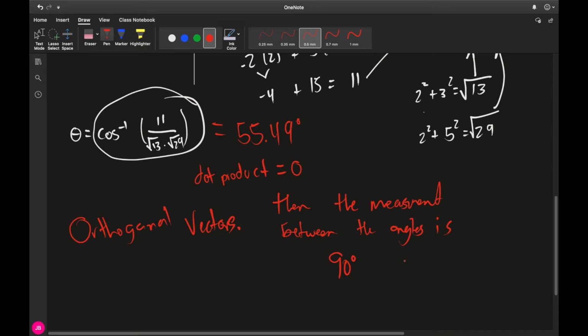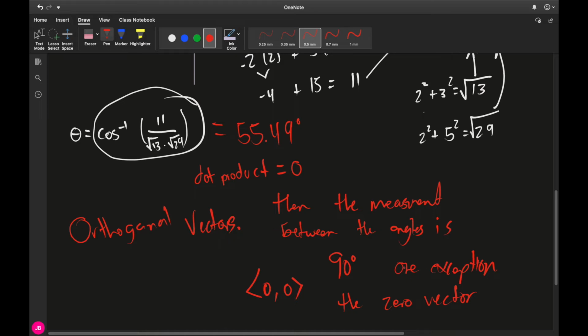Now, there is one exception, and that exception is the 0 vector. If you guys remember, the 0 vector has components 0, 0, and so really the 0 vector has a dot product of 0 with every other vector, but it is not perpendicular to every other vector because the 0 vector has no direction, so it can't be perpendicular.